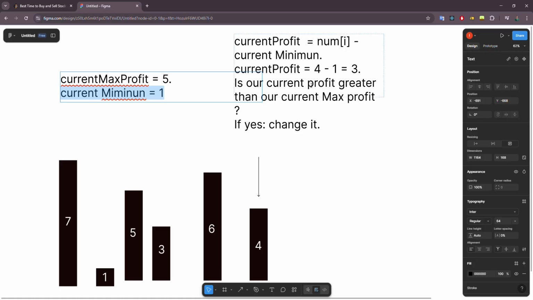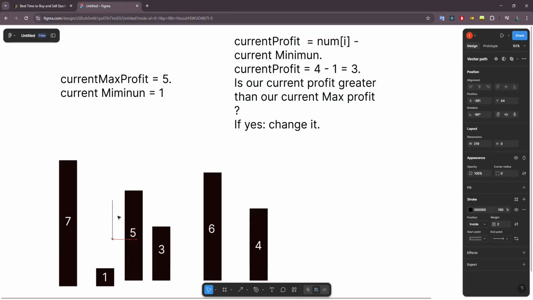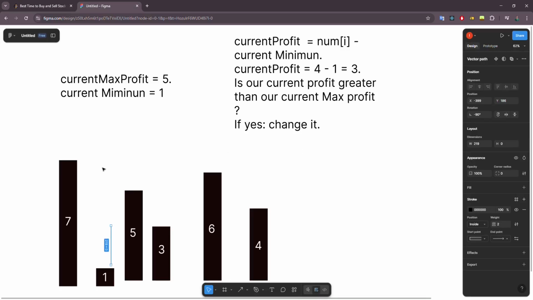Okay, what do we check? First, we need to check if selling at the current number will be greater. Actually, remember that we can put as our current minimum our prices at position 0, and we can start at position 1.